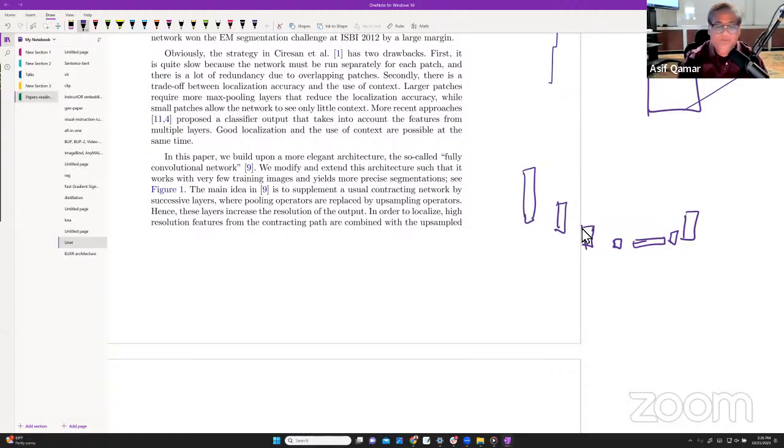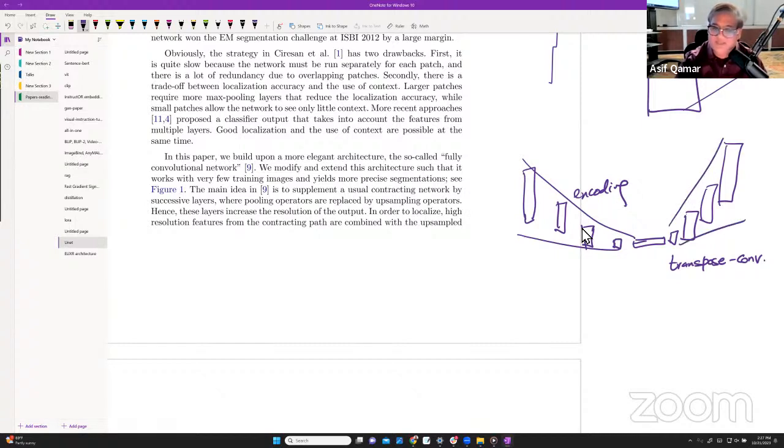People call it deconvolution. Actually, this is not deconvolution. These are called transpose convolutions. But people colloquially often tend to use the word deconvolution. So this part is the encoder. Think of it like that, encoding, and somewhat like this is your decoding.